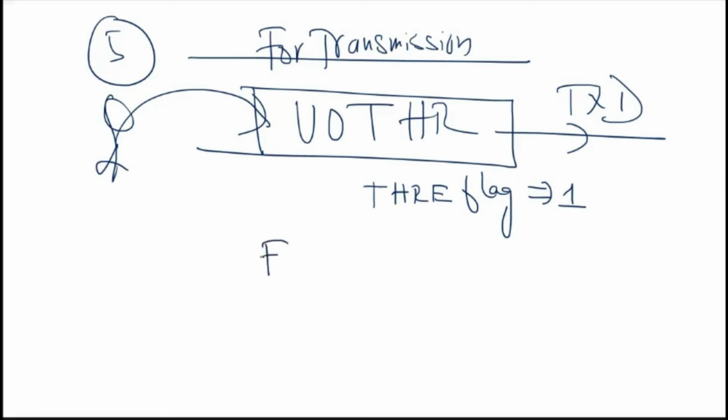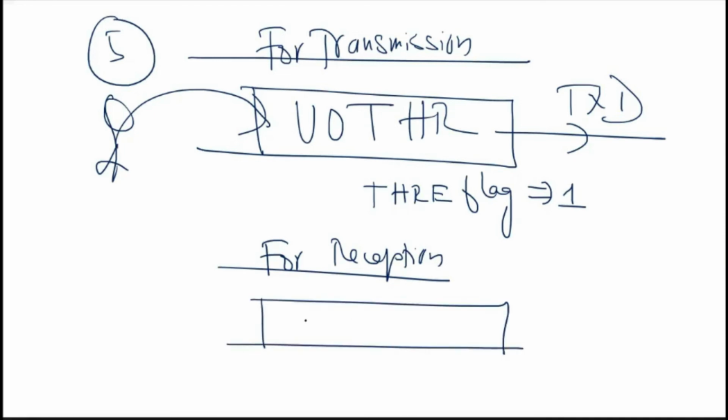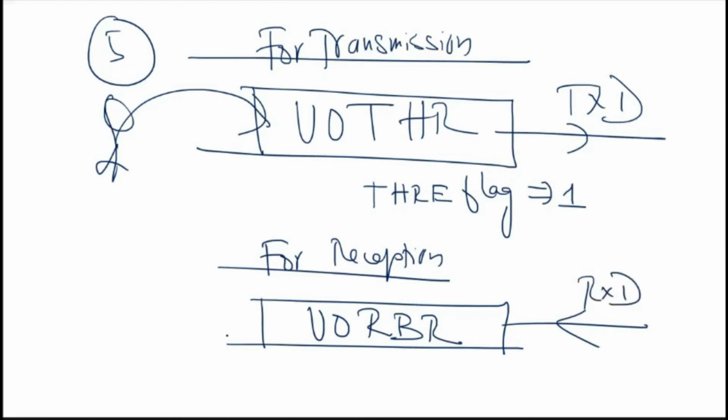And for reception, I have UART0 receive buffer register. In this case, the microcontroller will receive the data and supply the data to the user. How do I know that the microcontroller has successfully received the data?